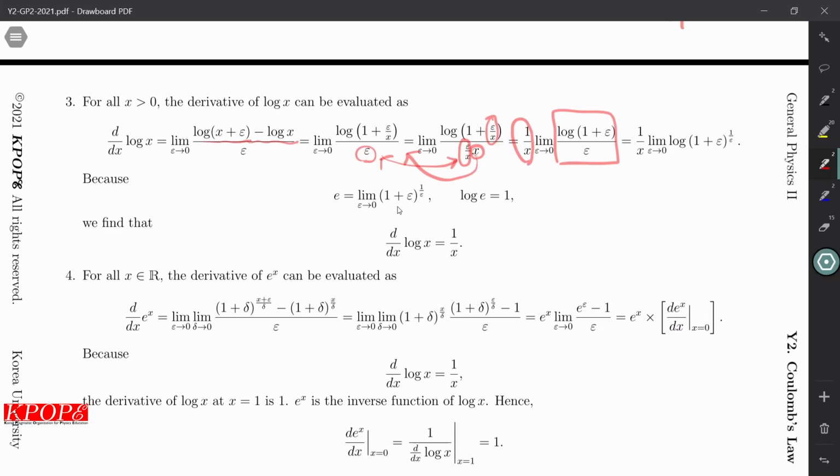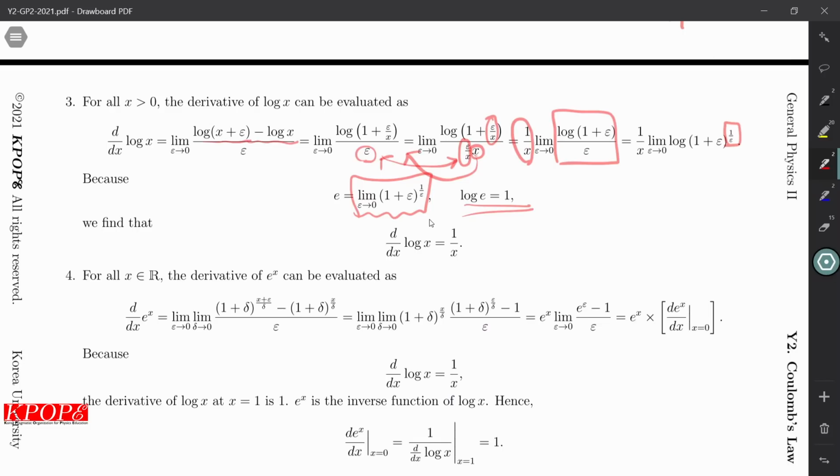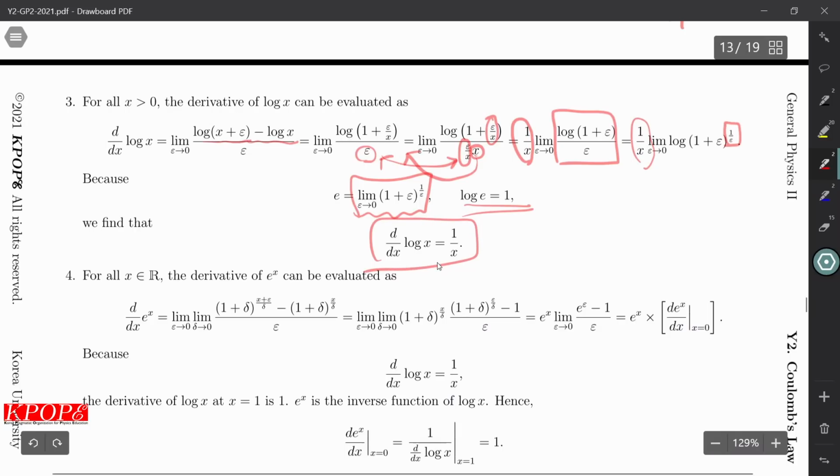One over x can be shifted to a power of 1 over epsilon in here, but it is trivial to find that this is the definition of Euler's number, sometimes called the natural exponent, and log e equals identically 1. Hence, the final result is 1 over x: the derivative of log x is 1 over x.